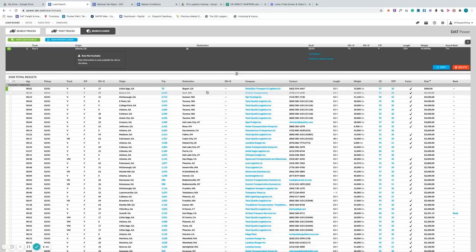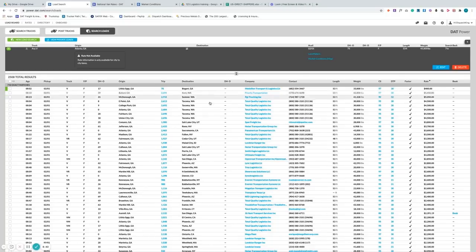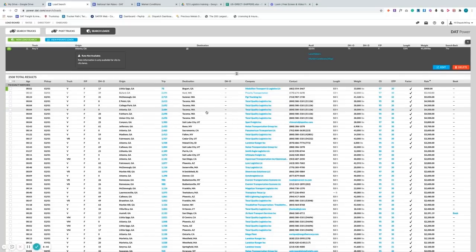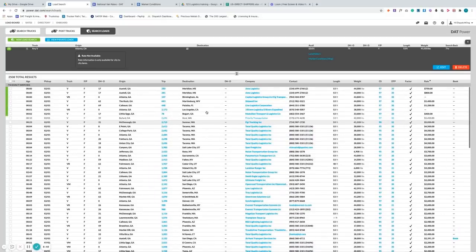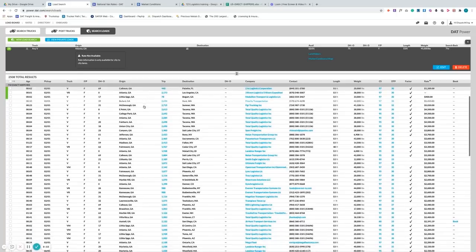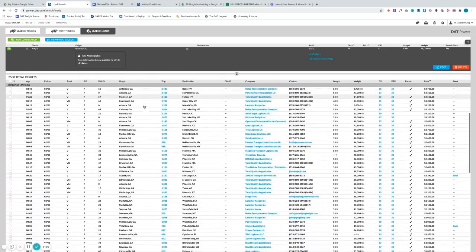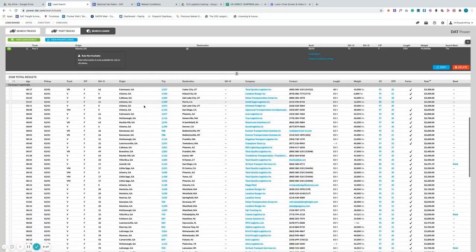So let's try to find a load. I'm just looking for something. Okay, like this one. Well, that's a 62-mile deadhead. Let me see if I can find something a little bit closer, but I don't have to deadhead that far.